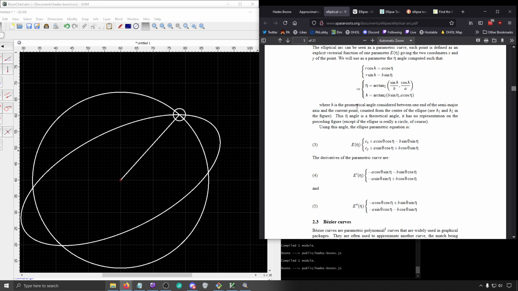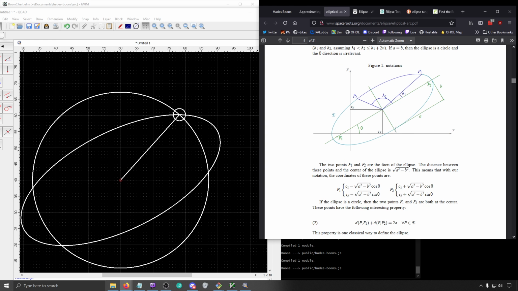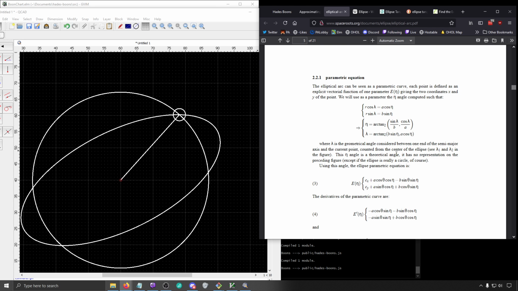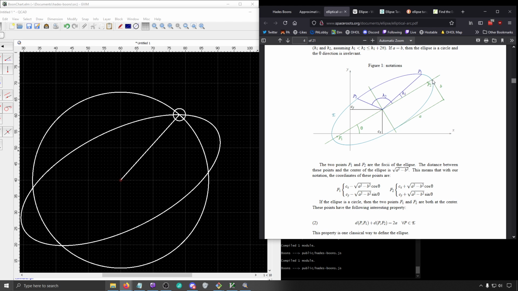Considered between one end of the semi-major axis. Well, the semi-major axis is here. So I'm assuming it's the center end? On the other hand, you'd think an end of the axis might be out here, in which case it would be this angle, which could be a little weird.